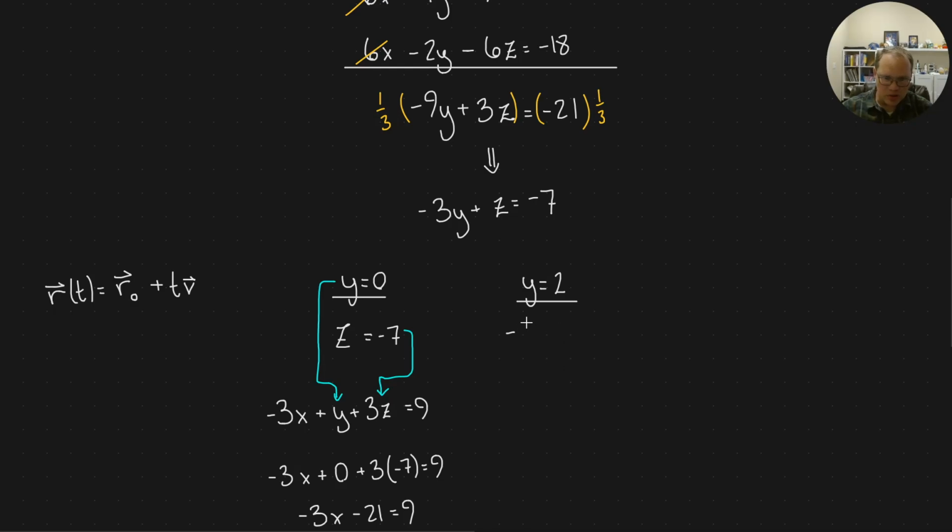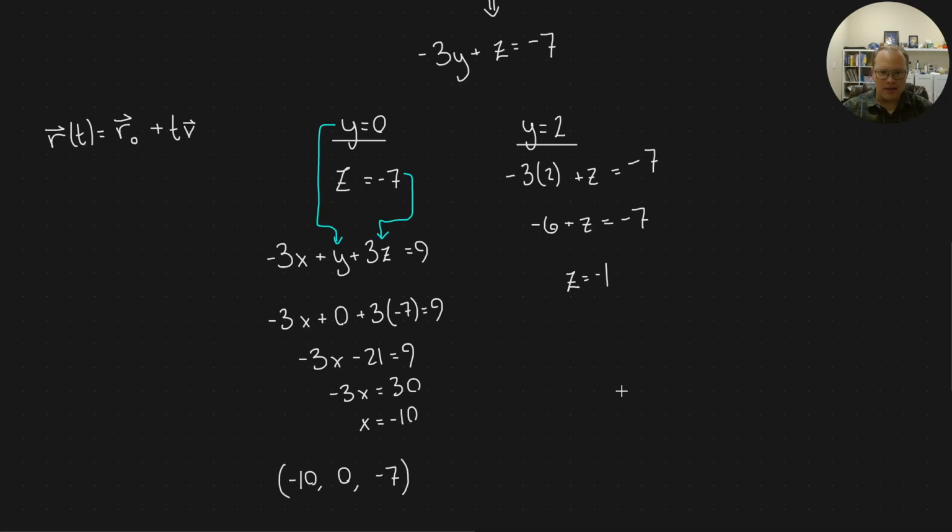Let me actually plug it in so you can see what I'm doing. Negative 3 times the 2 for the y plus z equals negative 7. So that means negative 6 plus z equals negative 7, and I can just choose z to be negative 1. That is another solution to this, which doesn't require any fractions.